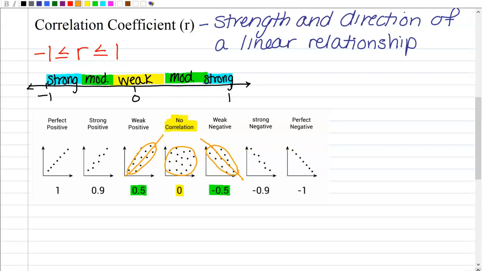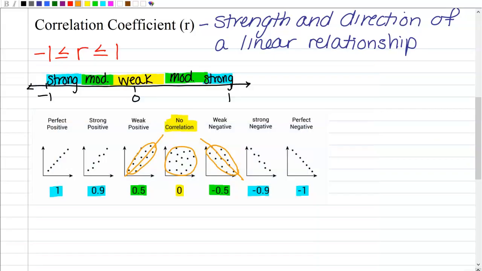As our values of R get further away from 0, so 0.9, 1, -0.9, and -1, notice that our circle around our points becomes an even narrower oval. Notice again that you can identify either a positive or a negative trend in the data set.